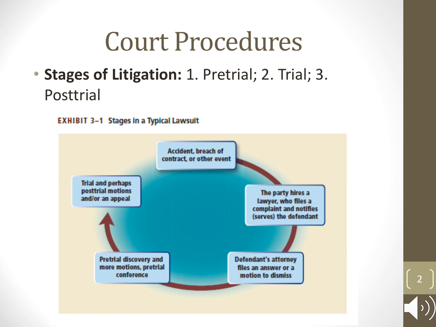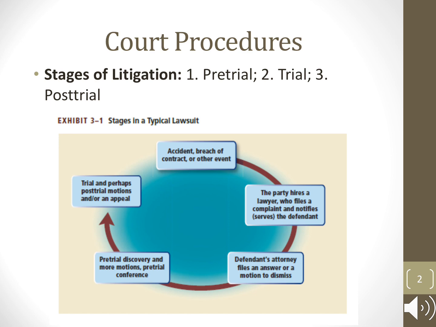So the parties will exchange evidence, they'll exchange information that each side knows, they'll talk to witnesses, and they're going to gather all of the evidence that they need to potentially proceed to trial. Here's where we might have some motions as well, and the parties may also meet with the judge for some pretrial conferences. After that comes trial.